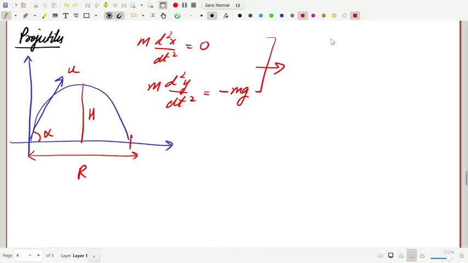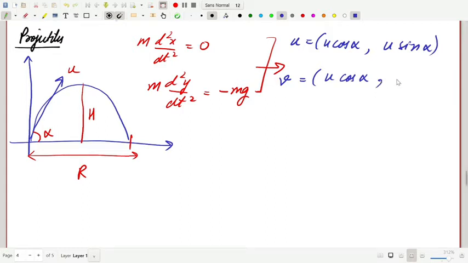From these equations we have that initial velocity is u cos alpha in the horizontal direction and u sin alpha in the vertical direction. We also have that velocity at any position is u cos alpha in the horizontal direction and u sin alpha minus gt in the vertical direction.